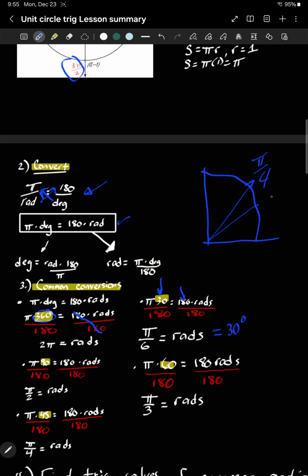If I have 30 degrees, that's going to be pi over 3. And then I have down here 30 degrees, pi over 6. Okay, so we have all these values, which is quite nice.